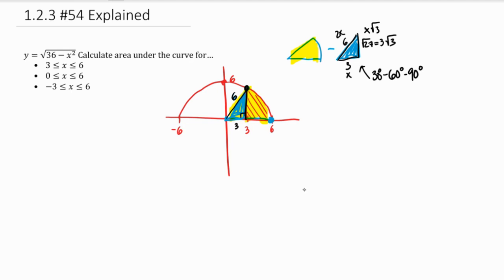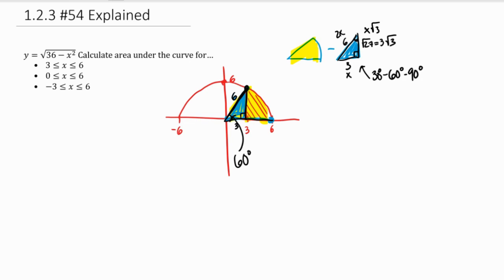If you remember, those are the ratios of a special right triangle, a 30-60-90 triangle. So this is my 90 degrees. 30 degrees is the smaller angle across from the shortest side length. And then that makes this angle right here 60 degrees. So we have a 60-degree angle here.